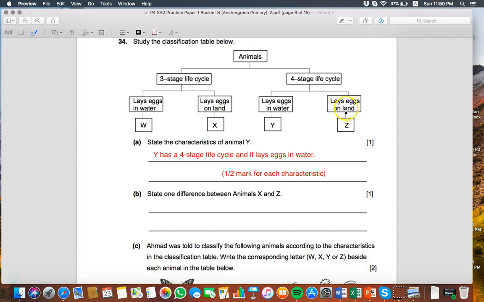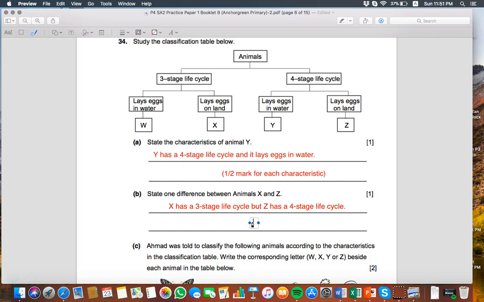So we move up and we can see that X has a 3-stage life cycle while Z has a 4-stage life cycle.